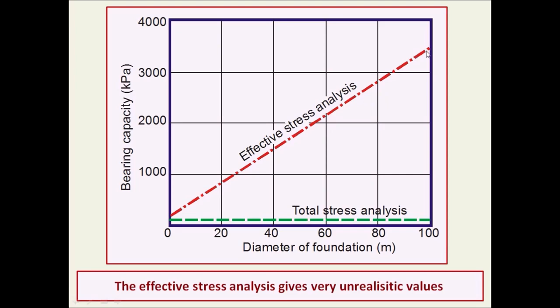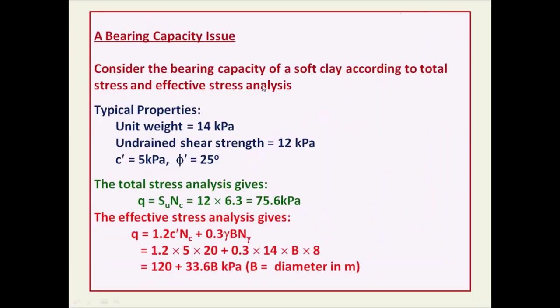Well, I don't think any geotechnical engineer would consider designing their foundation on anything other than the undrained shear strength. And the values that you get from an effective stress analysis are quite unrealistic. This formula gives you a value far higher than the undrained value, and clearly unrealistic. Nobody would dream of putting those sorts of stresses onto soft, normally consolidated clay.